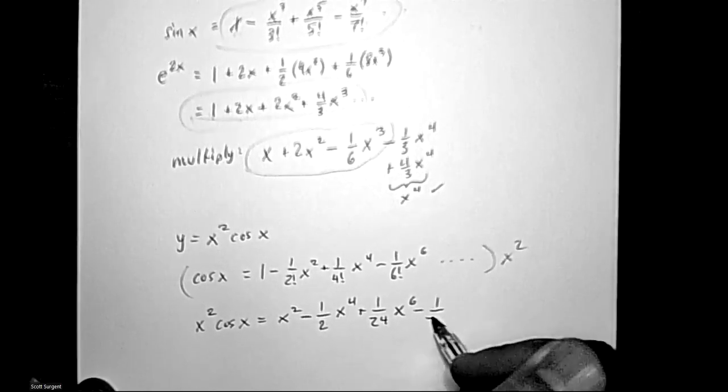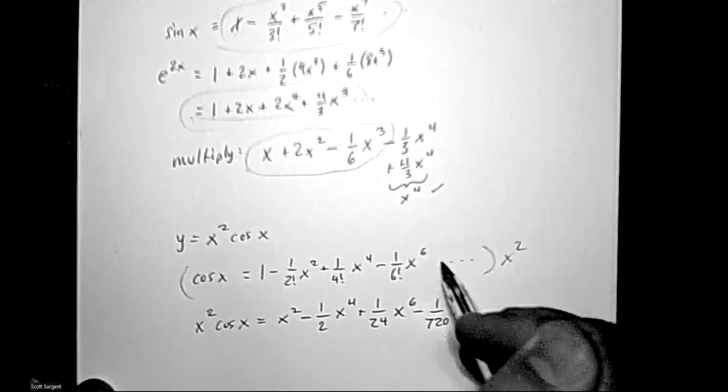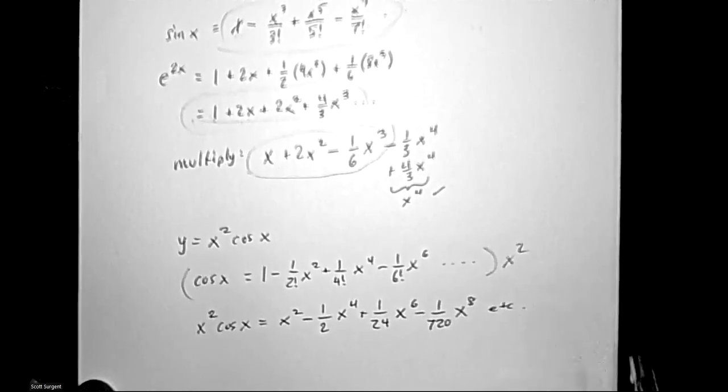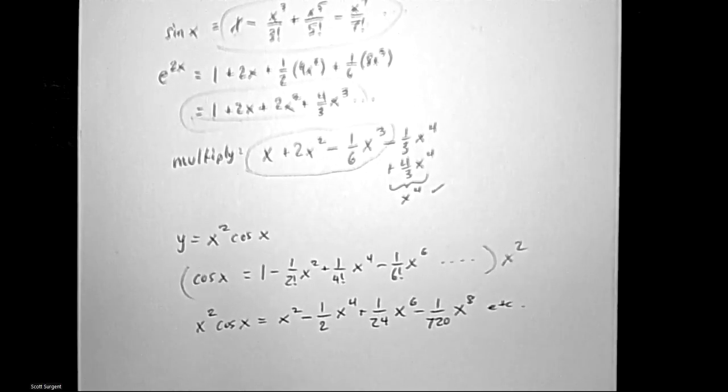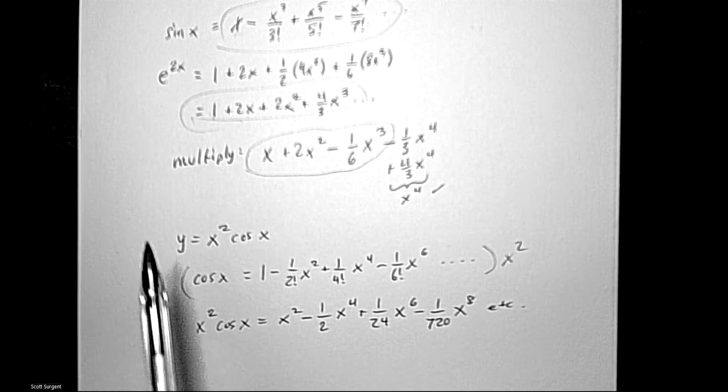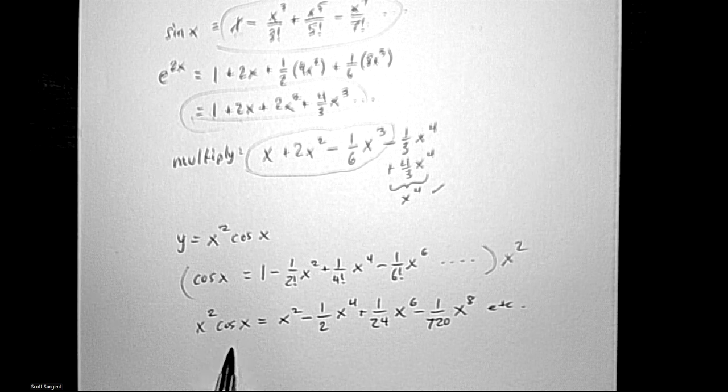So it's minus 1 over 720, and that'd be x to the 8, etc. So in that case, you can just distribute it through. And again, you could check it. You could graph this and then graph this separately. Maybe just take the first three terms. And if you see that they're conforming pretty closely, that means you got a good answer.